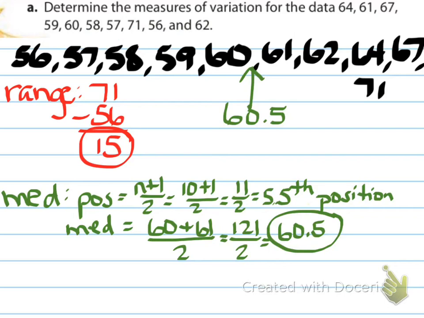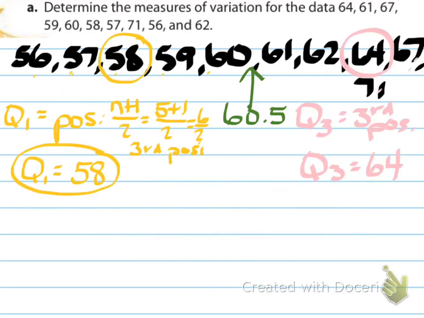To find the middle of the two numbers, I did 60 plus 61 divided by 2. It's 121 divided by 2, which is 60.5. Maybe you would have just known that the halfway mark between 60 and 61 would be 60.5. Now I'm going to go over the quartiles.